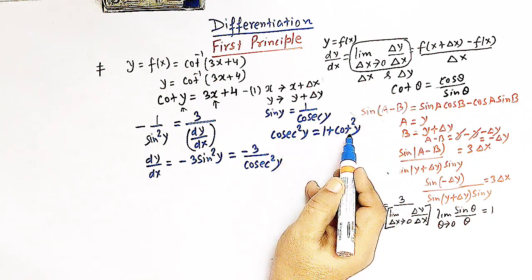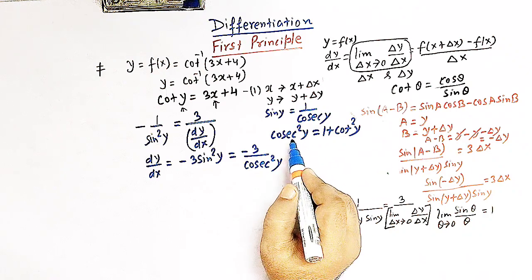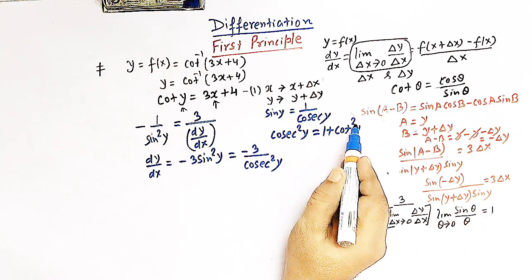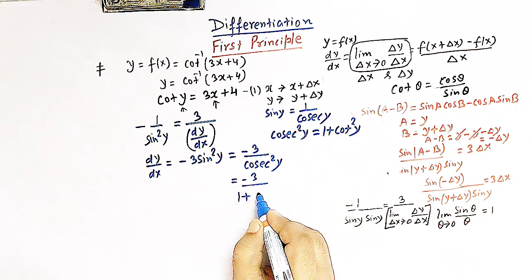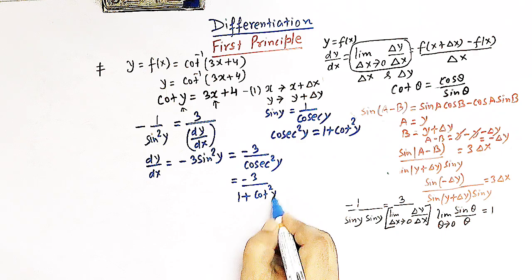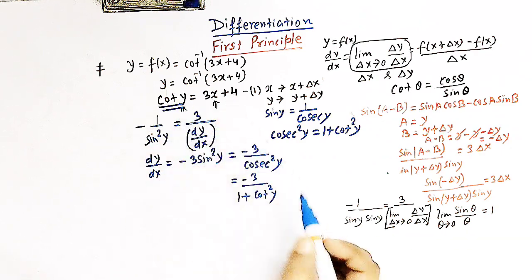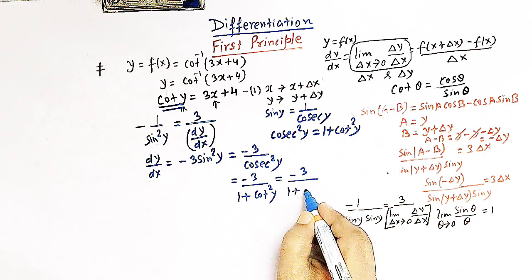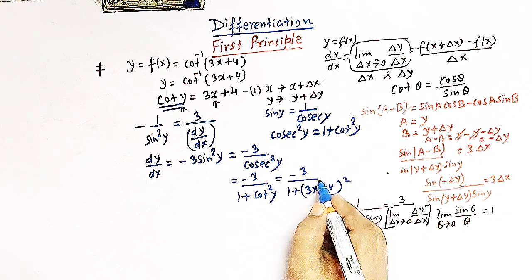So this is an important identity from trigonometry, that is cosec square theta is equal to 1 plus cot square theta. So we have minus 3 over 1 plus cot square y. Now cot y is equal to 3x plus 4.